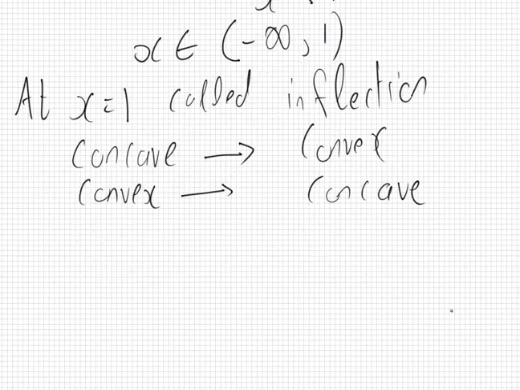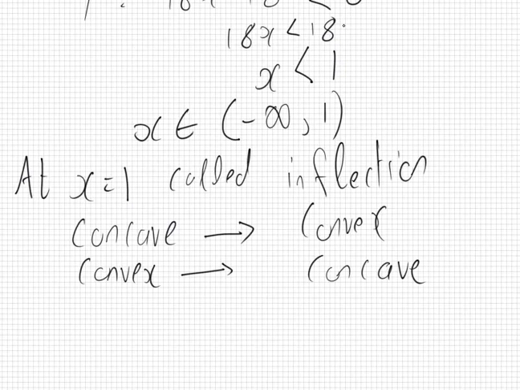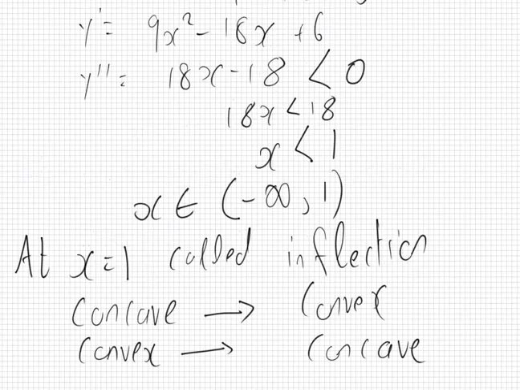So if you were to give me a formula, how do you think you could find this point here? It's when it changes from concave to convex. So if you look at my example here, I use x equals 1. What would happen if I put 1 into this second derivative here?